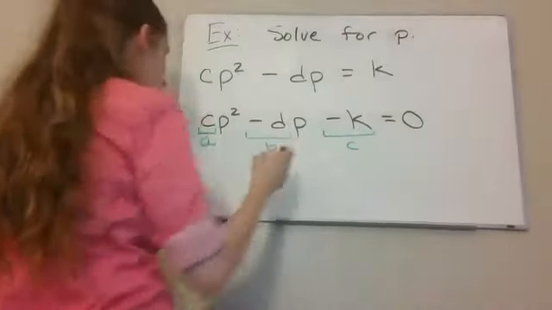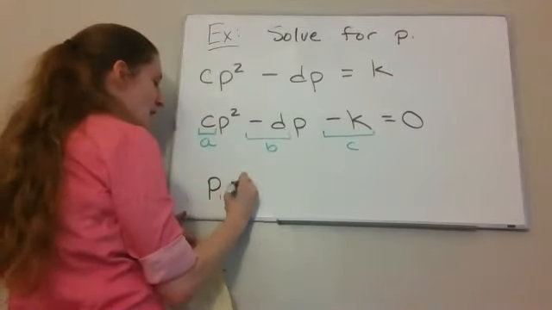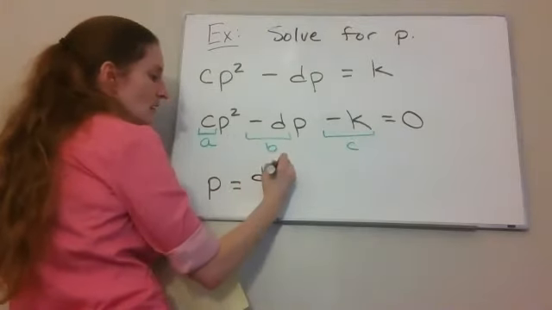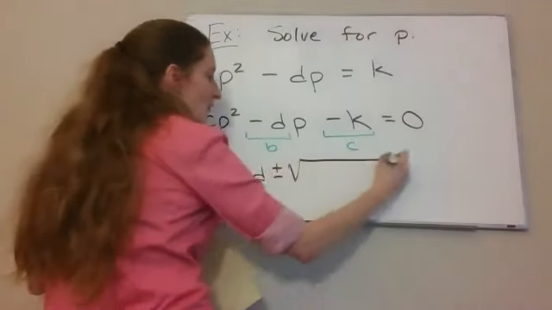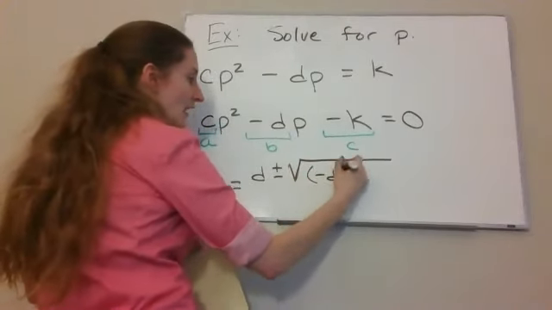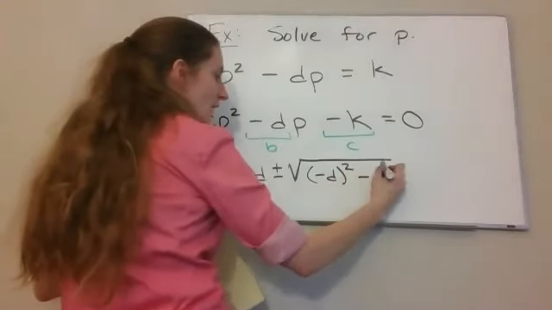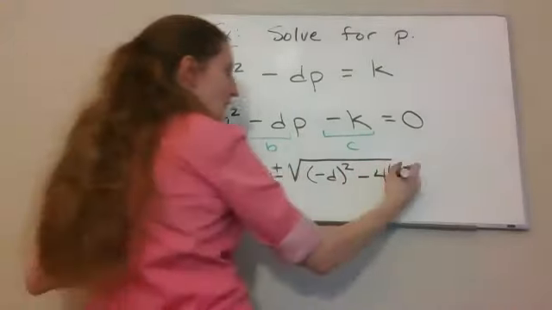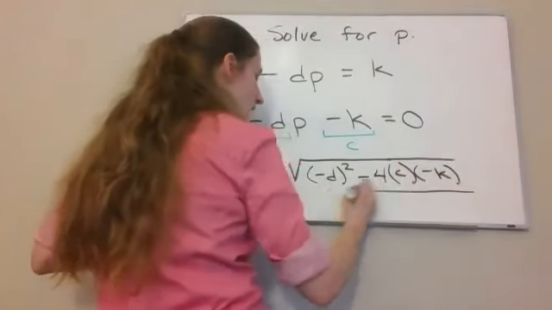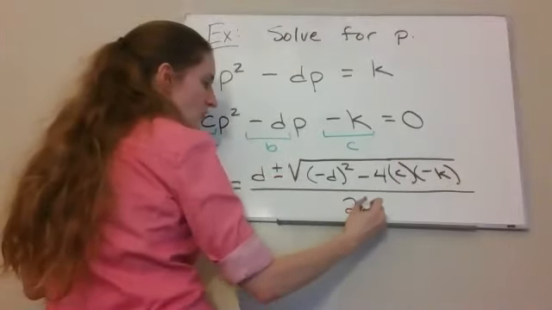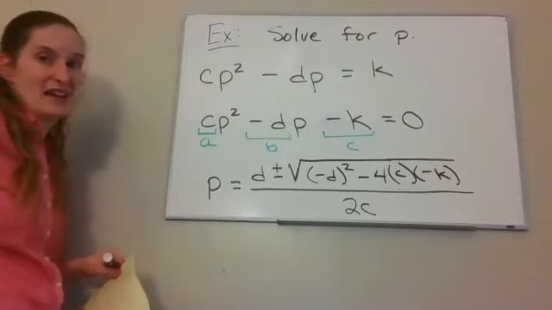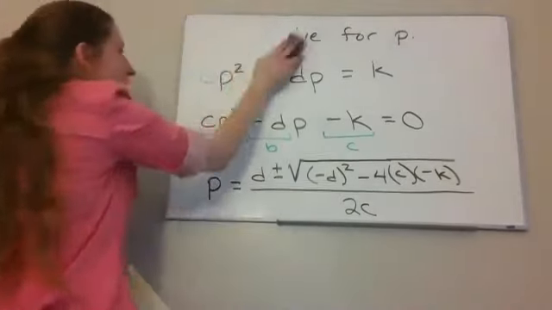So using my quadratic formula, I know P is equal to the opposite of negative D, that's positive D, plus or minus the square root of that negative D squared minus 4 times C times negative K, all over 2C. And then I just need to simplify this as much as I can, and it's not going to simplify very far.